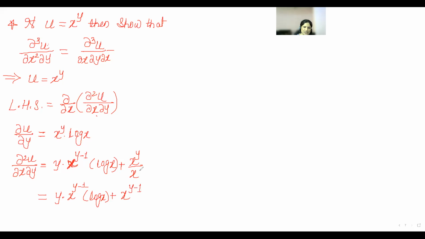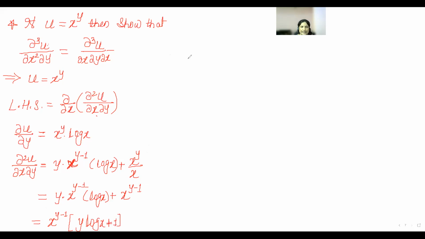From the denominator x raised to 1 we take it into the numerator, and by using the law of indices it will be x raised to y minus 1. Next, again here you can take x raised to y minus 1 as a common term, and in bracket we get y into log x plus 1. Okay.